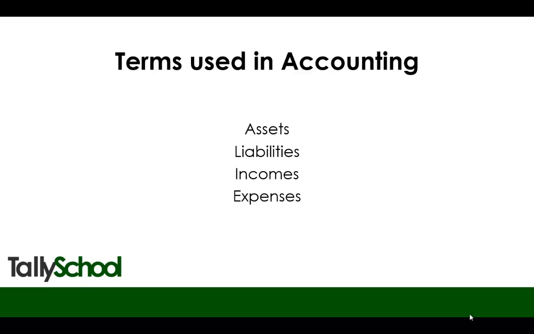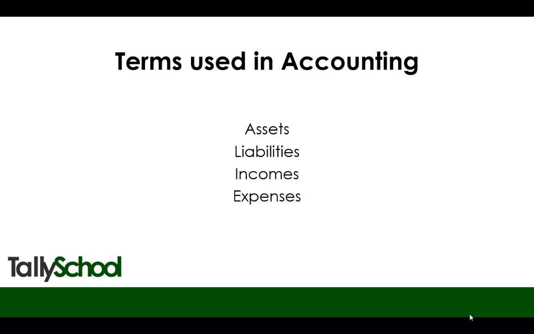So if we take the example of a building one more time, we can include all four terms in that. I'll explain that right now. Taking the example of the building, the building you own is the asset. When you give the building on rent and earn some money, that's your income.